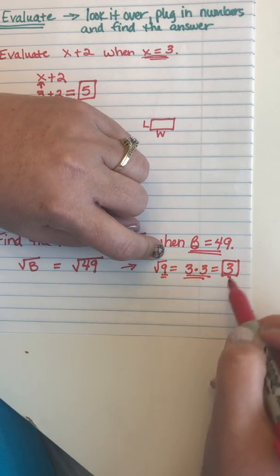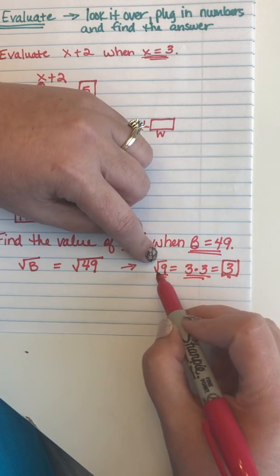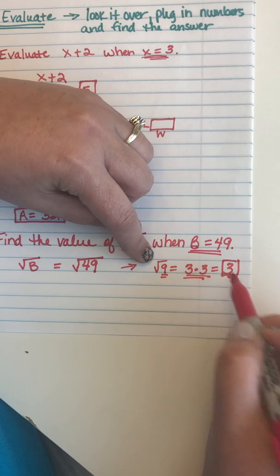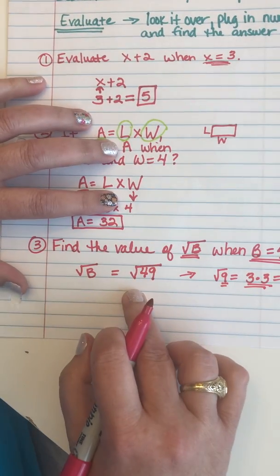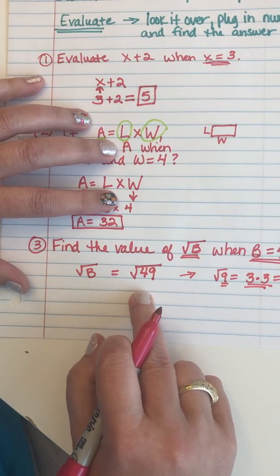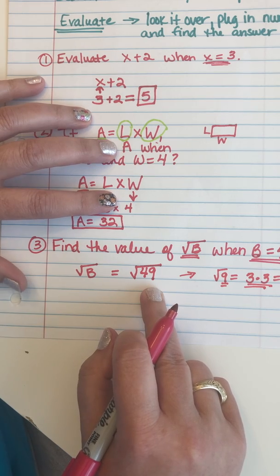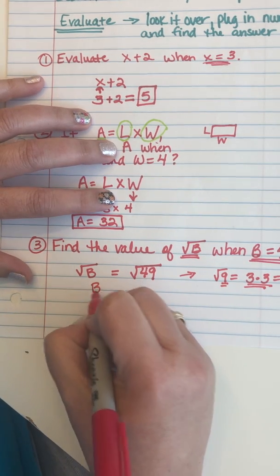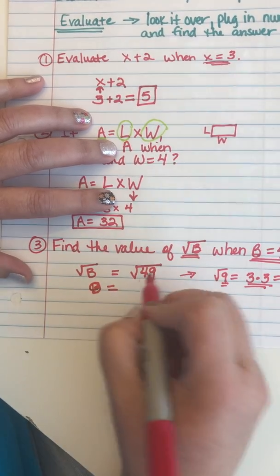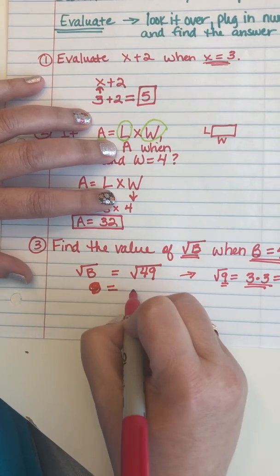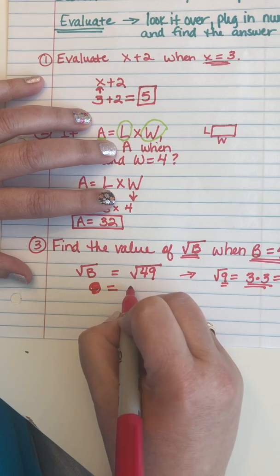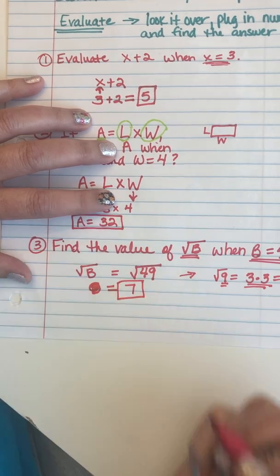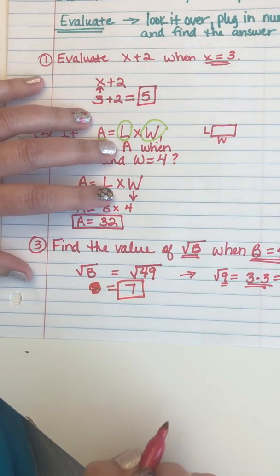We know that's 3 times 3, so your square root of 9 is not 3 times 3, your square root of 9 is 3, okay? So let's come back over here. What number multiplied by itself will give you 49? 7 times 7 will give you 49. So your answer is 7.